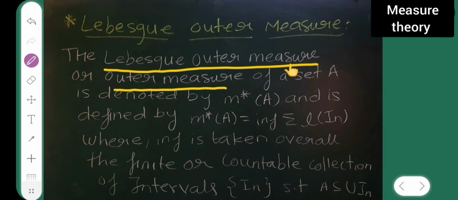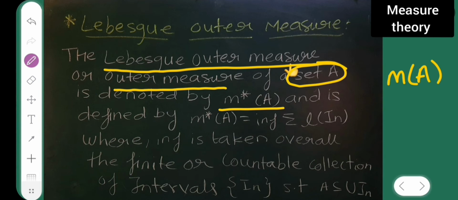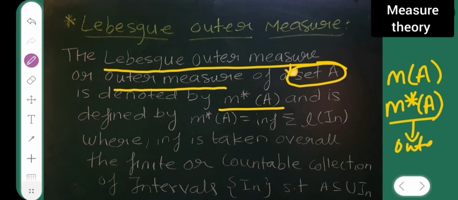That is just M of A. This star denotes the outer measure, the Lebesgue outer measure of A.